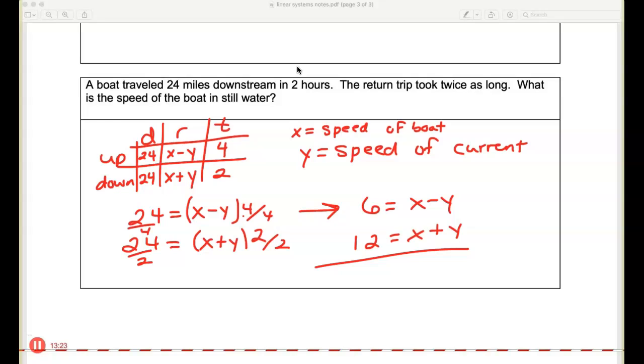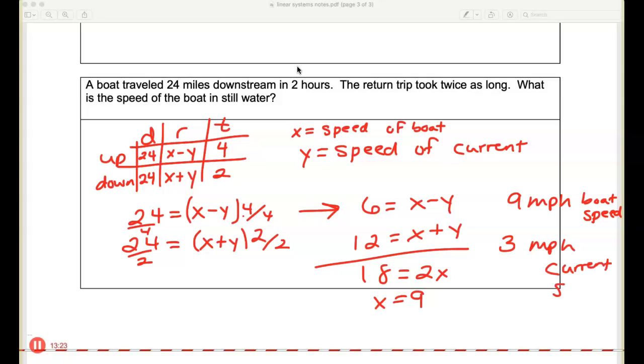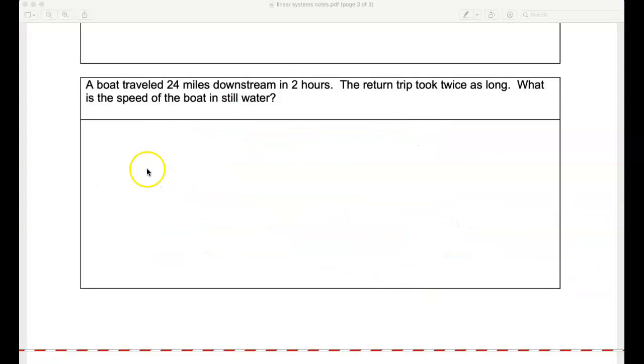Notice your y's cancel right away, so 18 equals 2x. X equals 9, so that means the speed of my boat is 9 miles per hour. Plugging 9 back in would get us 3 miles per hour as our current speed. Okay, there it is. See if you can do some word problems, guys.